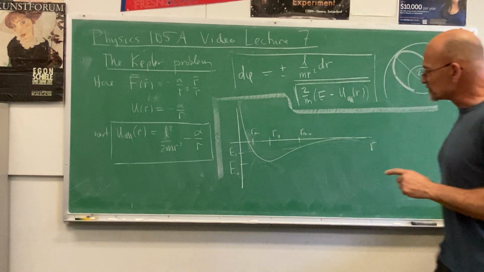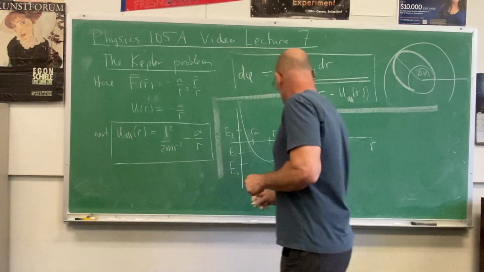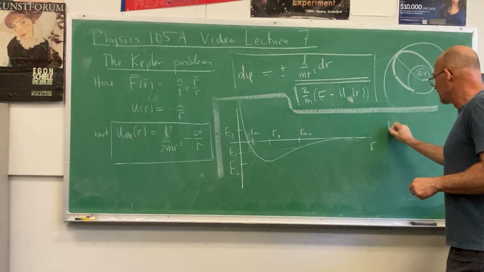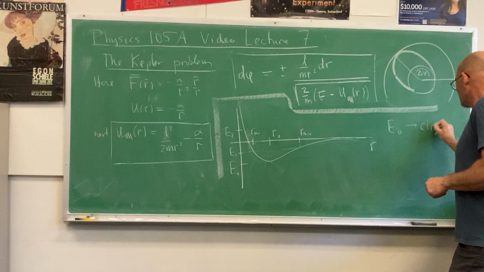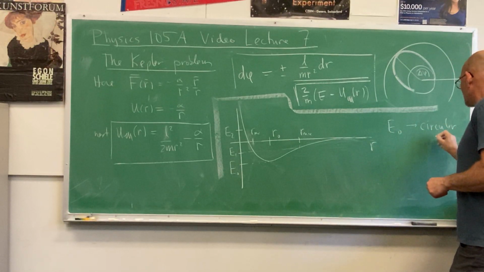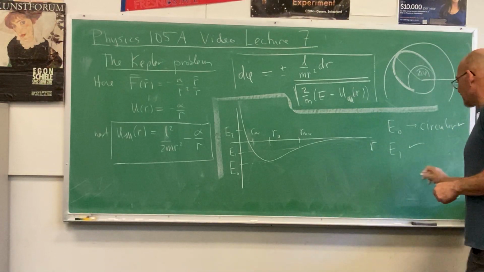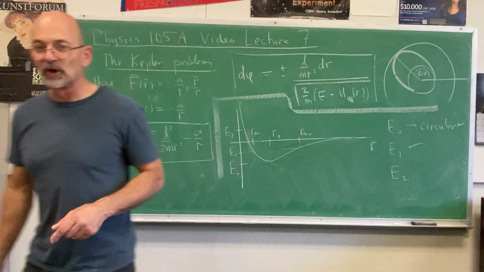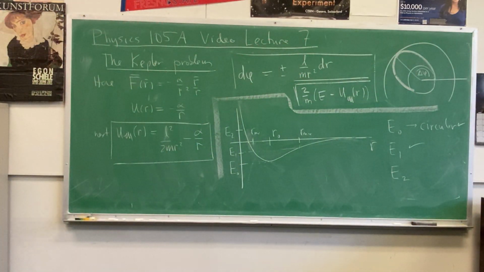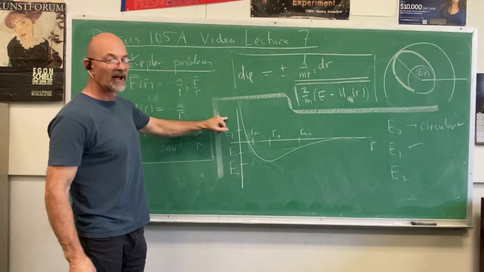But here's a new feature. What about e sub 2? So I have e sub 0, circular orbit, e sub 1 we just talked about. What about e sub 2? Above the axis here, these are negative energies, this one's a positive energy.